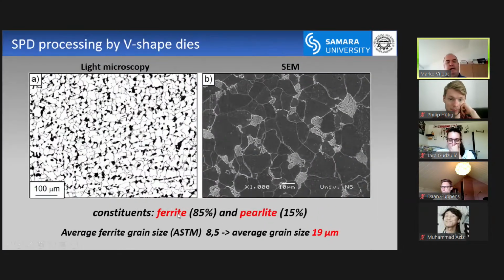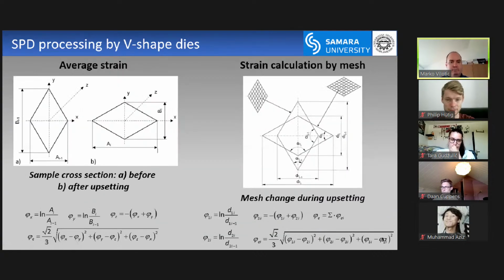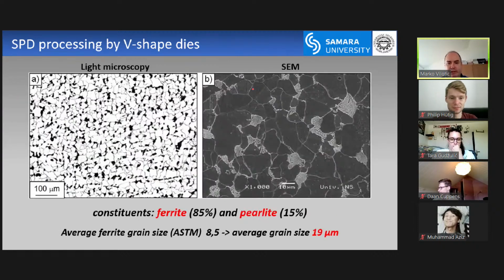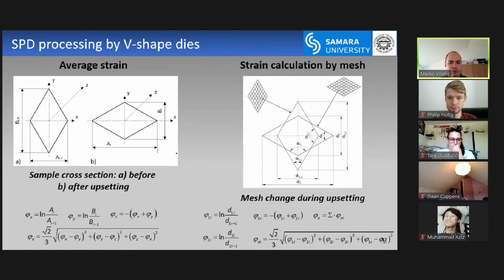In my case, I have 85% soft phase and 15% hard phase, and the average grain size was about 19 micrometers. As I show here, this square will change its shape to look something like this. Then I measure these dimensions to calculate the strain distribution at the sample forehead.